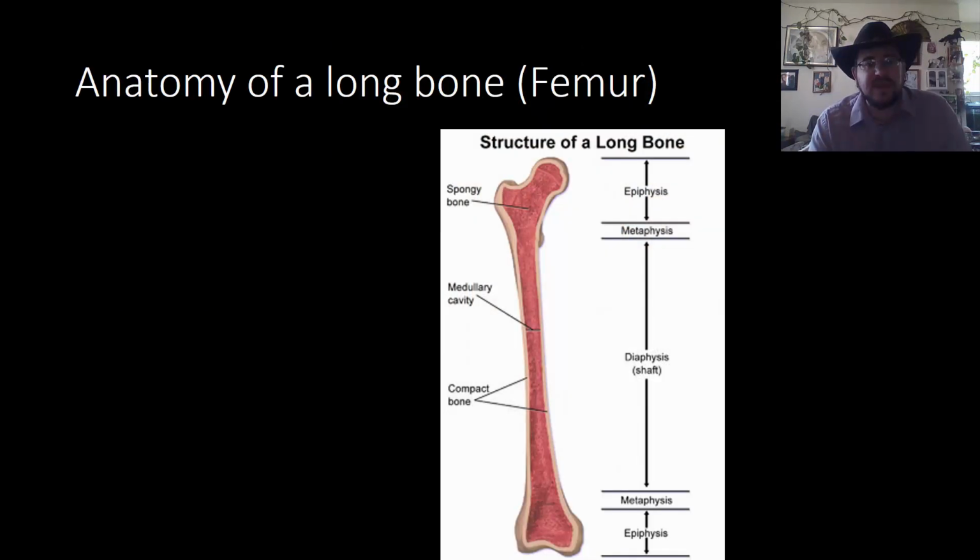So speaking of the femur, let's take a look at the basic parts of a femur. Really any long bone, but a femur is really recognizable. So this basic anatomy here will count for your femur. We'll also see those same structures in your humerus, in your ulna and radius.